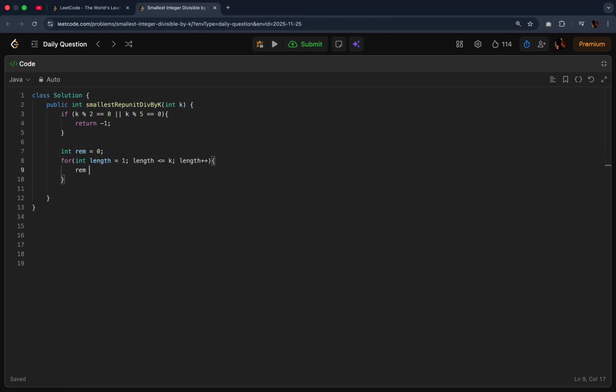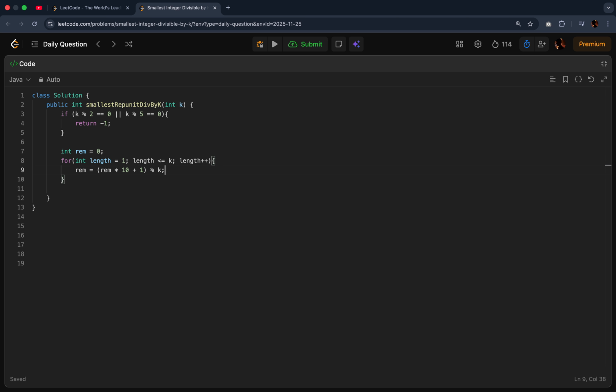So it will be remainder equals remainder multiplied by 10 plus 1, mod k. Here we are building the series of ones through this function, where it is multiplied by 10 and then added to 1.